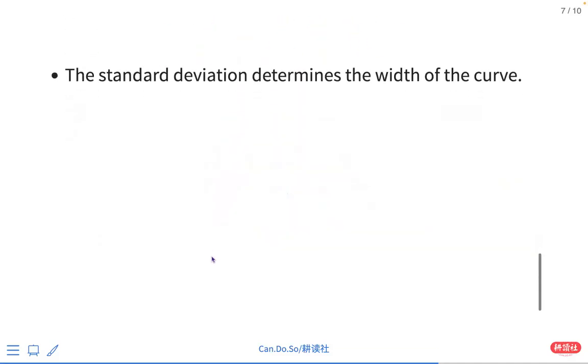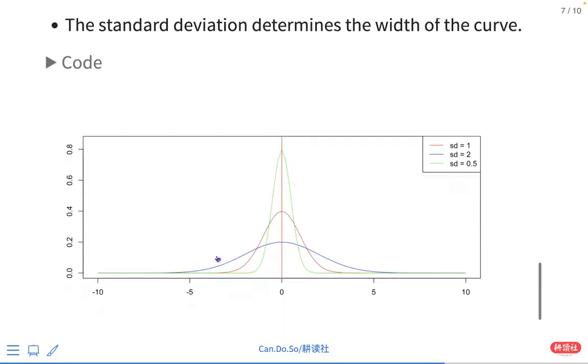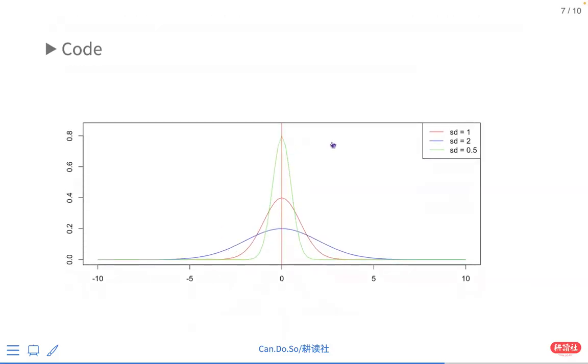And the standard deviation will determine the width of the curve. The green one has a very small standard deviation, which means the data are located very close to the center. And standard deviation one is normal, like this one.